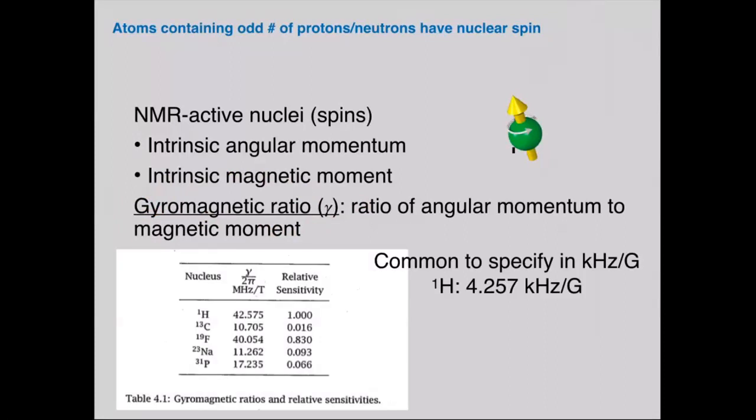If you look at different types of nuclei, hydrogen 1H is often used as a reference, so a relative sensitivity of NMR of 1. The gyromagnetic ratio is gamma over 2 pi, represented either in kilohertz per Gauss or megahertz per Tesla.